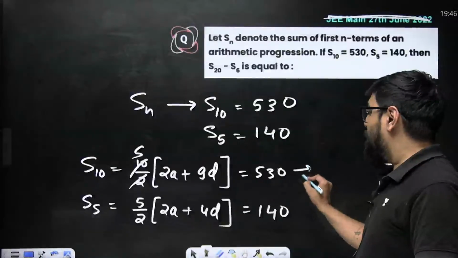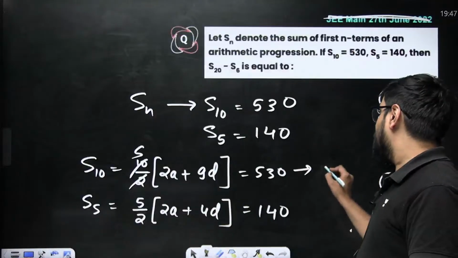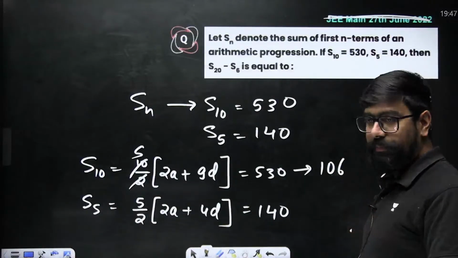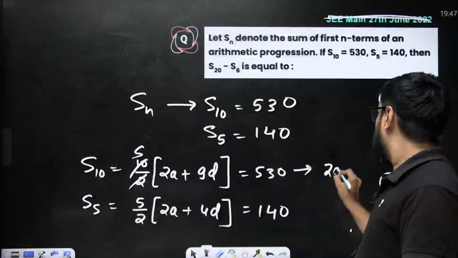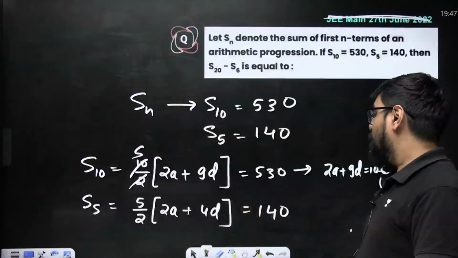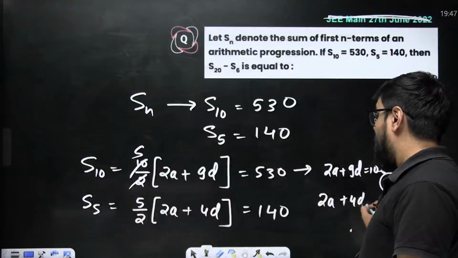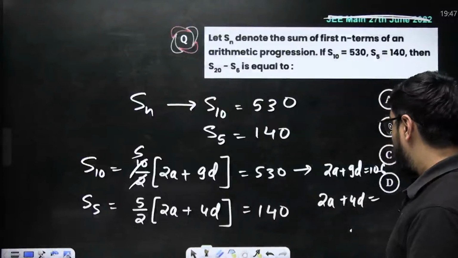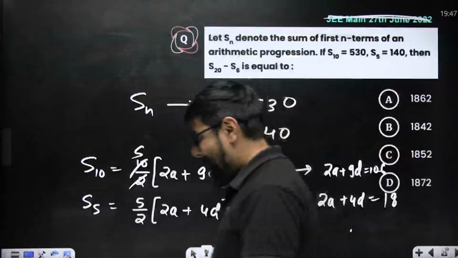So from here, what are we getting? 530 divided by 5, 10 fives are 50, 53, 106. So you'll get 2a plus 9d is equal to 106. And you are going to get 2a plus 4d is equal to 28.